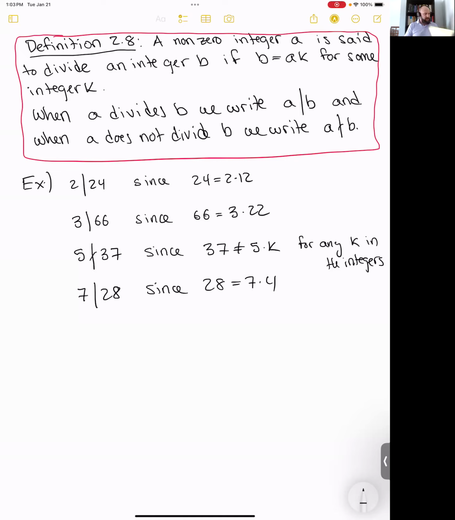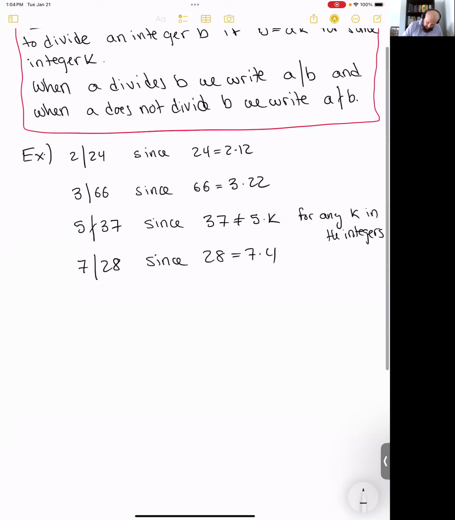Okay, enough examples. So what do we want to prove about divisibility? So here's the proposition that we want to prove.